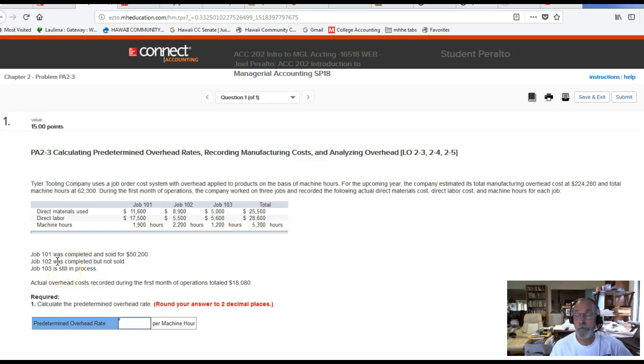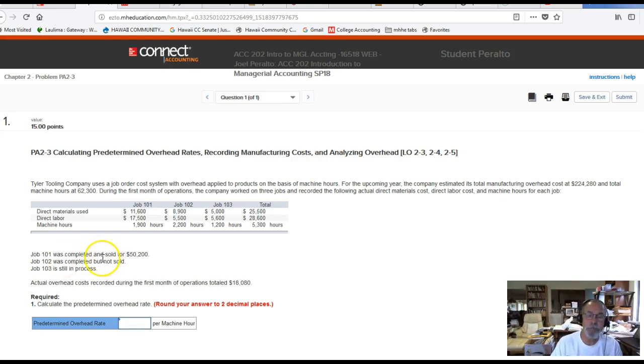So the cost of the materials used in production are taken out of the materials inventory and moved into work in process inventory. The cost of indirect materials is accounted for as a manufacturing cost, and so that amount is moved into the income statement account, manufacturing overhead.